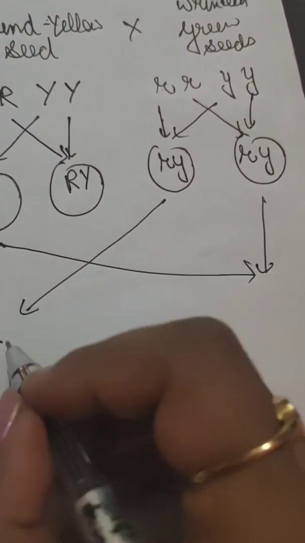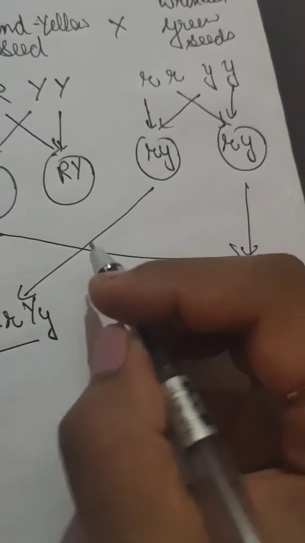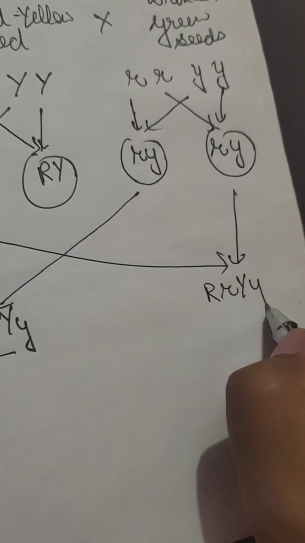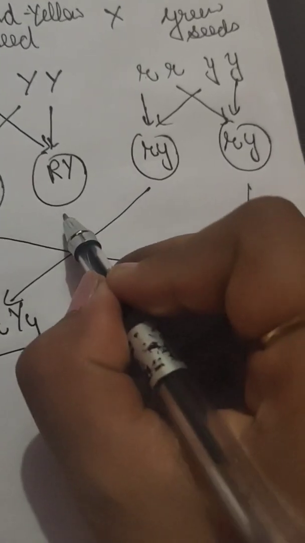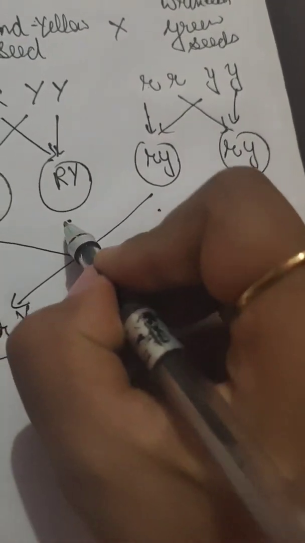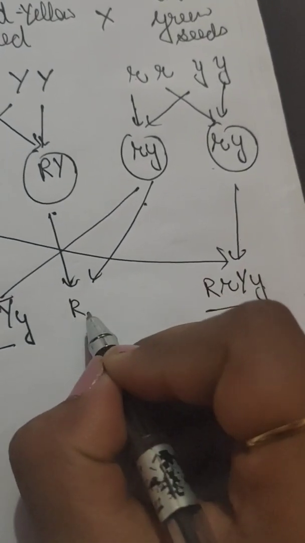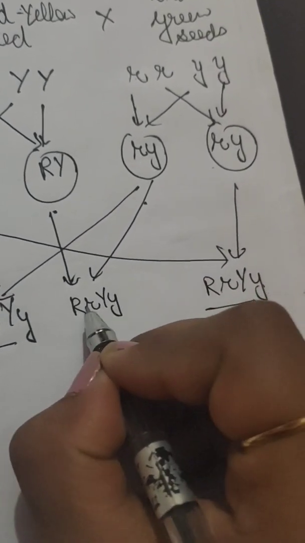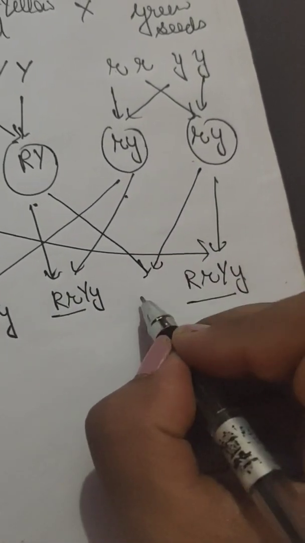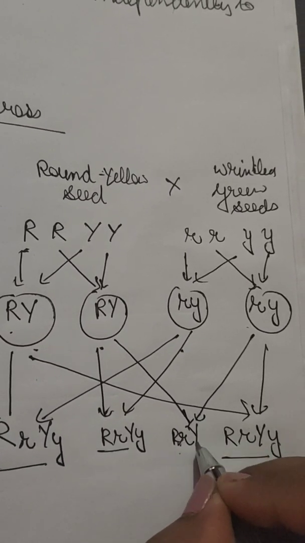So we will get capital R and small r, and capital Y and small y. Again capital R and small r, capital Y and small y. Then the crossbreed will be capital R, small r, capital Y and small y.